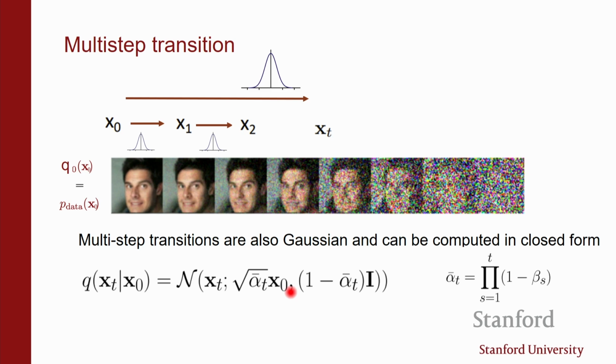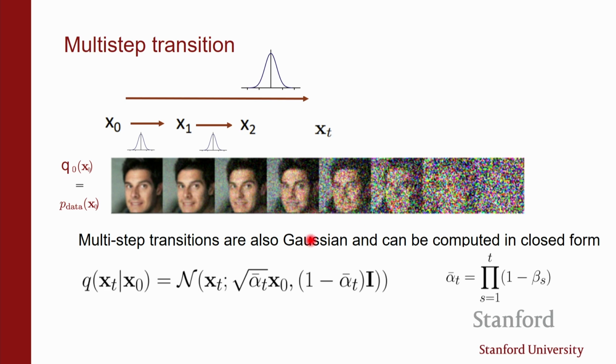Again, it's not super important how you combine the betas to get the alphas. What's important is that if you add a little bit of Gaussian noise at every step, the result of applying this kernel multiple times is also another Gaussian, with just a different mean and a different standard deviation, but you can compute them in closed form.